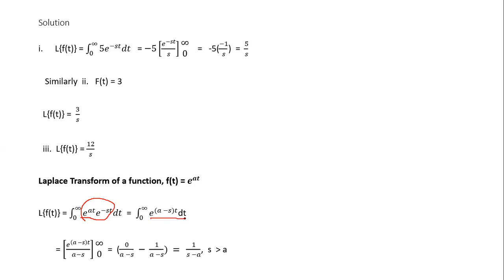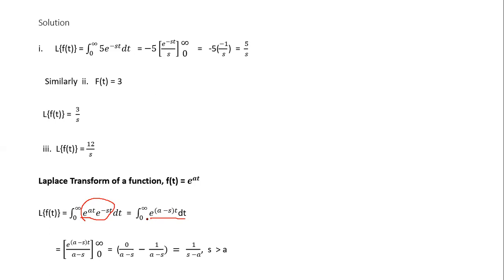So we apply the law of integration here. With this, we cannot do our integration easily. So we are now going to integrate exponential a minus s times t dt with respect to t. So as usual, we are going to differentiate the power and then divide the function by the result. If we differentiate a minus s all multiplied by t with respect to t, it becomes a minus s.